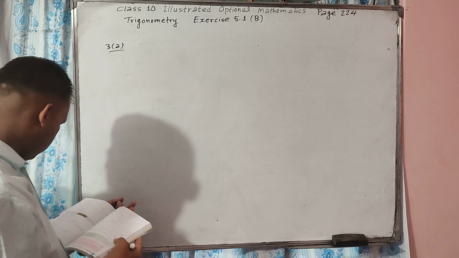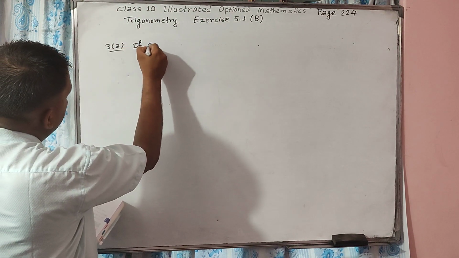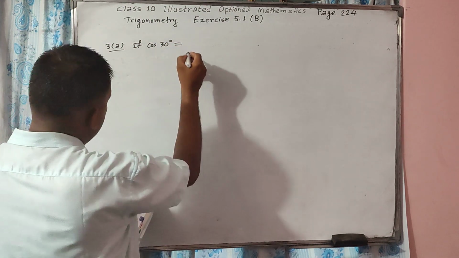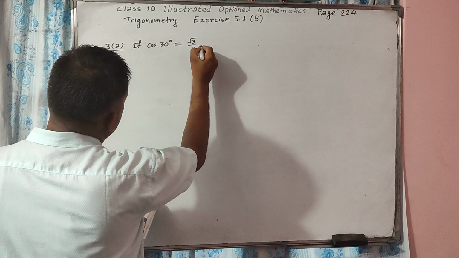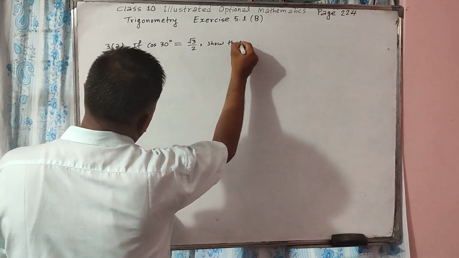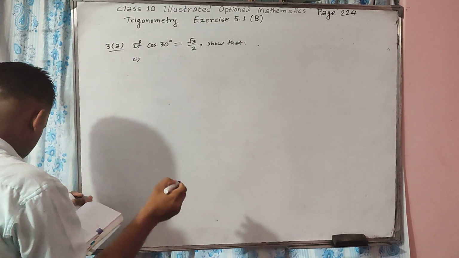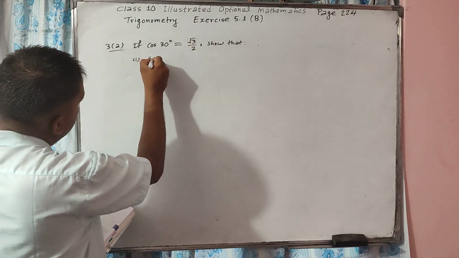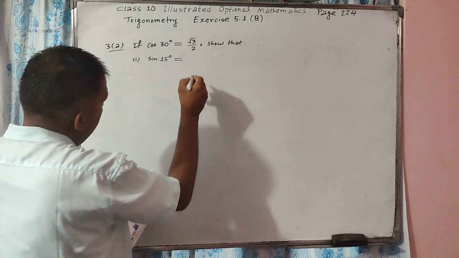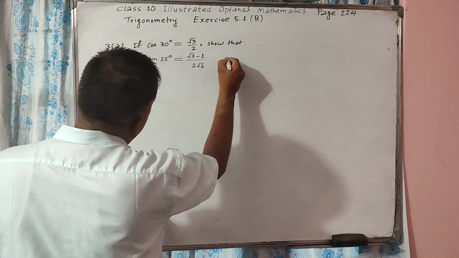The question is, if cos 30 degree equals root 3 by 2, show that number 1, sin 15 degree equals root 3 minus 1 upon 2 root 2.